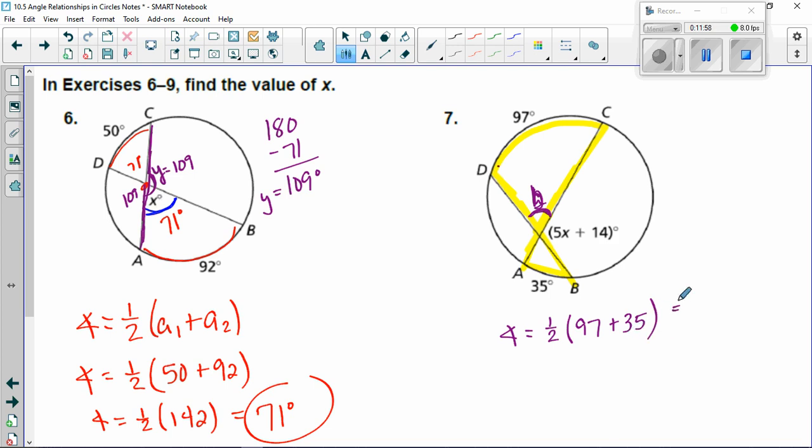So 97 plus 35 is 132. Half of 132 is 66. So this angle is 66 degrees. We know these two have to add up to 180, so 180 minus 66. So this angle is 114.